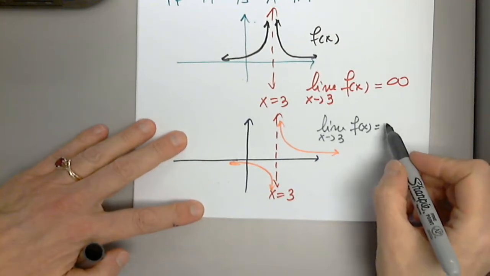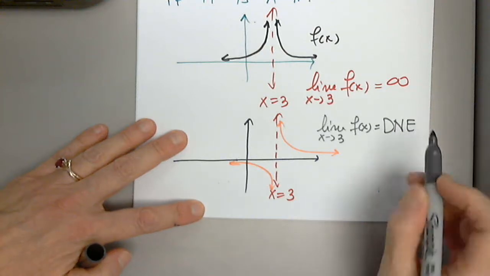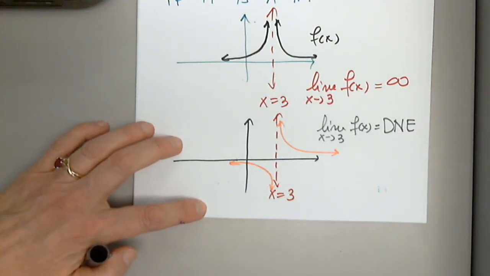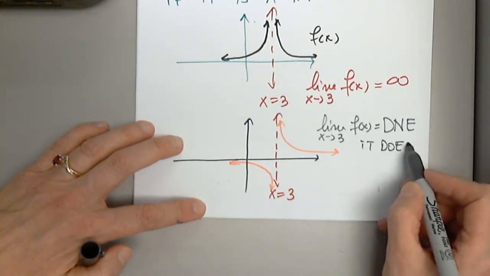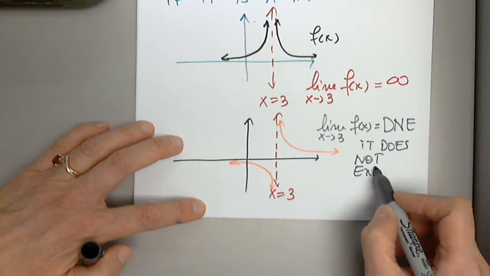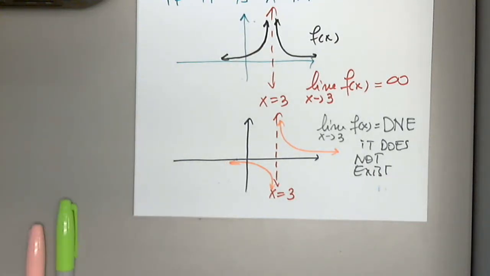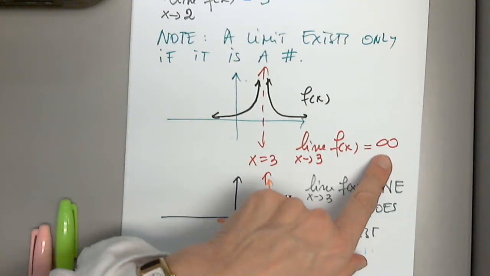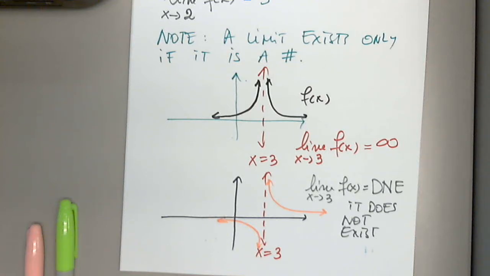So what we have to write in this case is DNE, and of course that stands for it does not exist. The limit does not exist. What about this one? The limit doesn't exist, but I cannot write DNE here. I must write infinity. It does not exist, but I can tell in which way it does not exist. It's infinity on both sides.